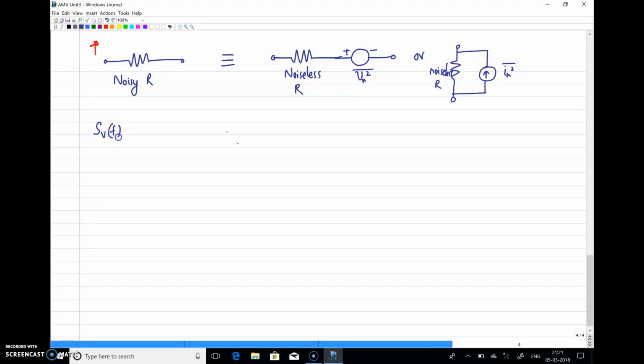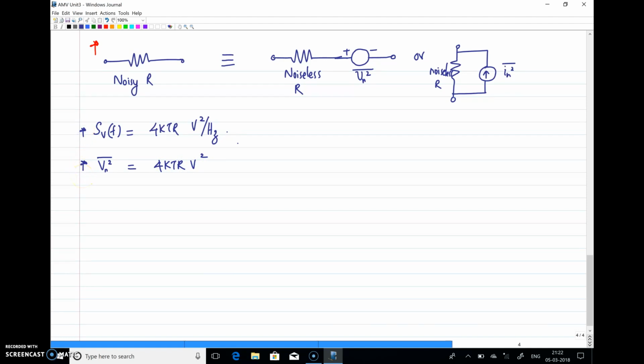Now I'll write down SV of f with the units. SV of f is 4 kT R volt square per hertz for a resistor with value R. And similarly, Vn square bar is equal to 4 kT R volt square. These are the two representations we discussed in the first lecture.